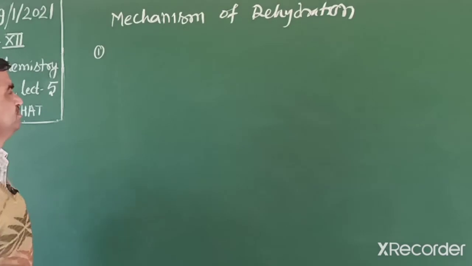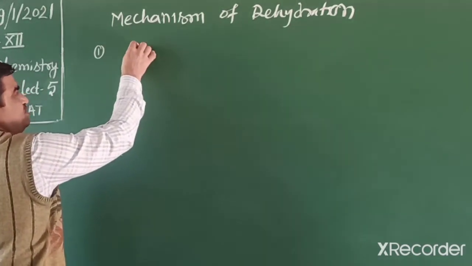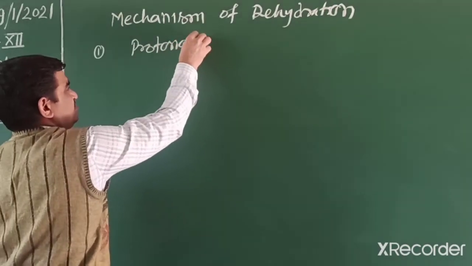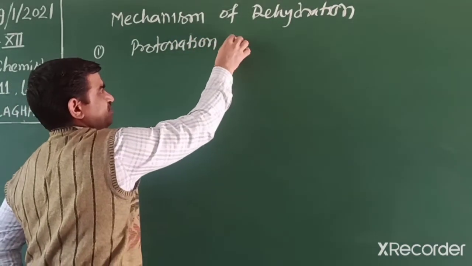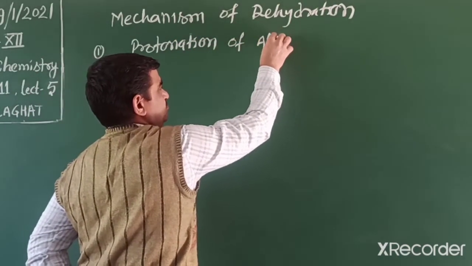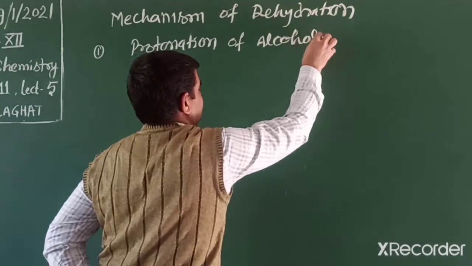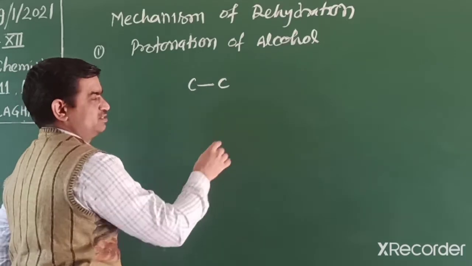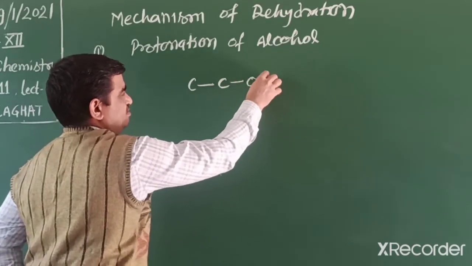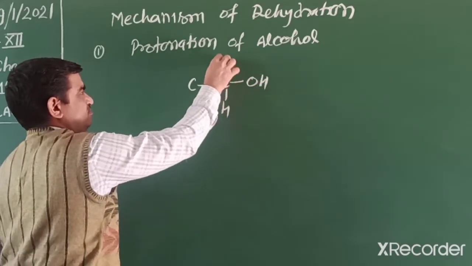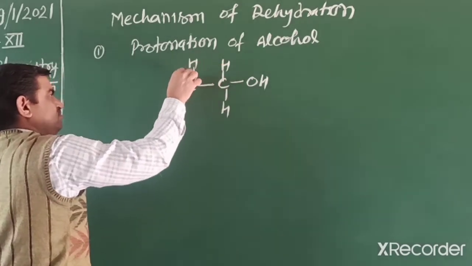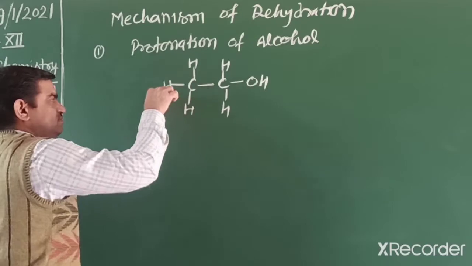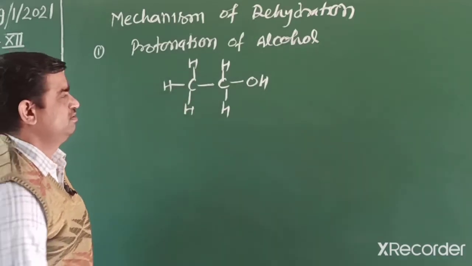First step, protonation of alcohol. We can explain by one example, ethanol.